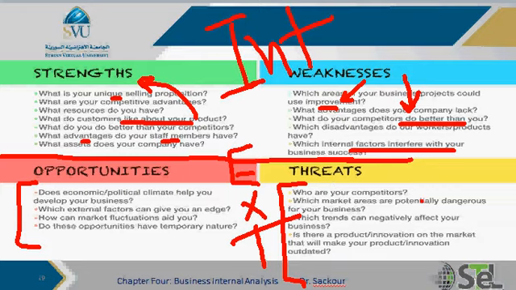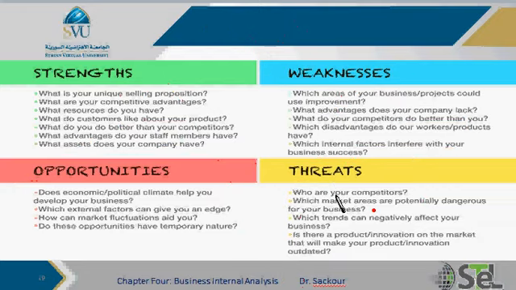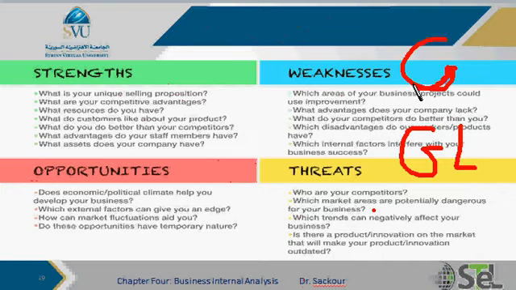What about threats? Threats come from government, laws, from your competitors, from the environment. So what are the main threats that prevent your company from achieving its goals or objectives? Who are your competitors?